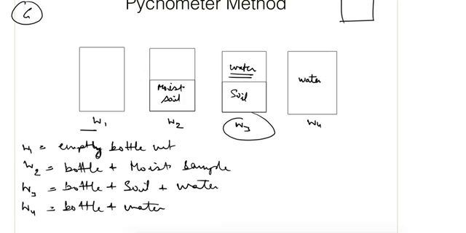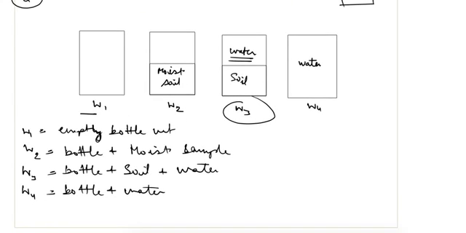And the last reading is the bottle plus, we completely fill it with water, that is W4, bottle plus water. And so we know that water content is equal to weight of water to the weight of solids. So weight of water we can calculate. If I deduct W1 from W2, it will give me the weight of moist sample.